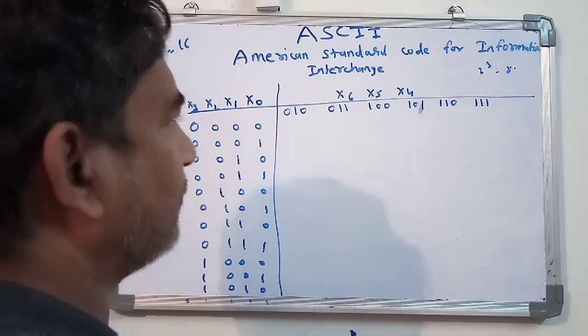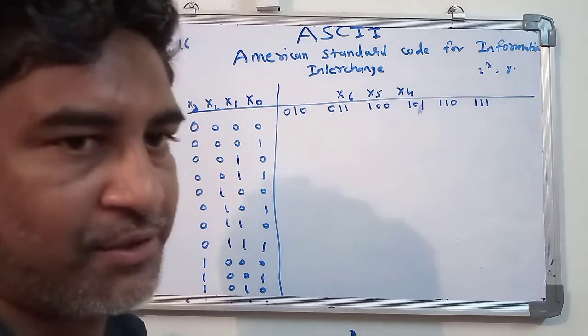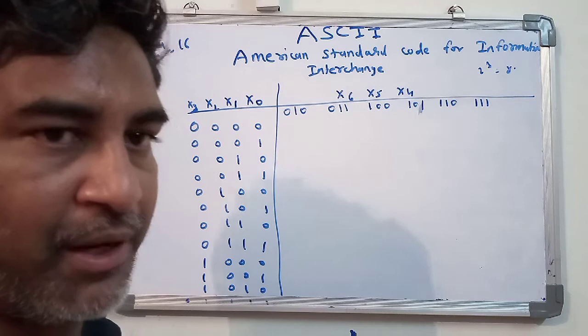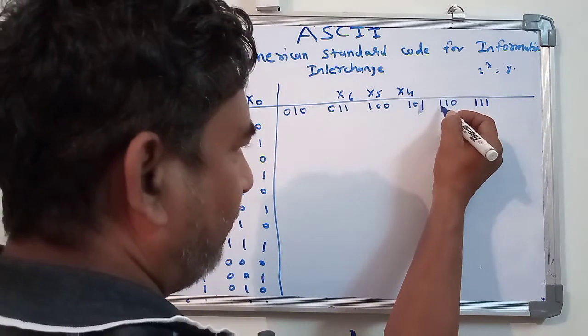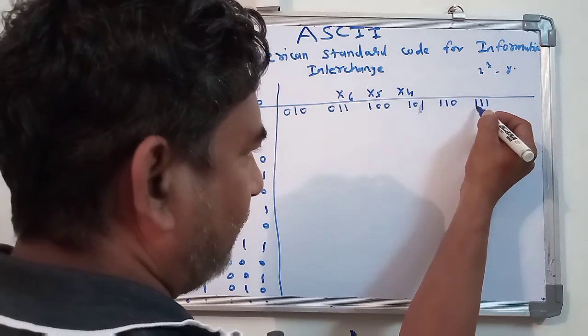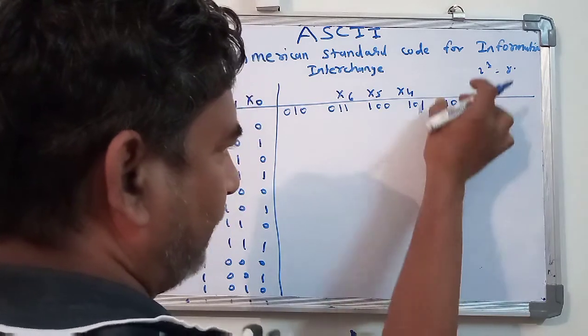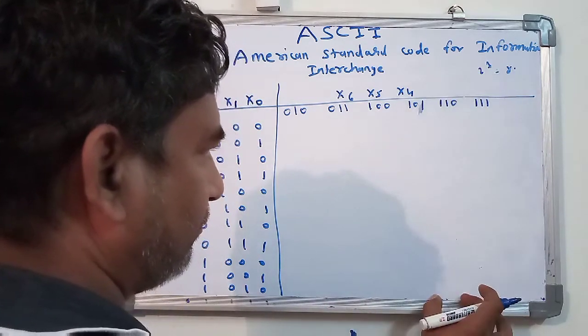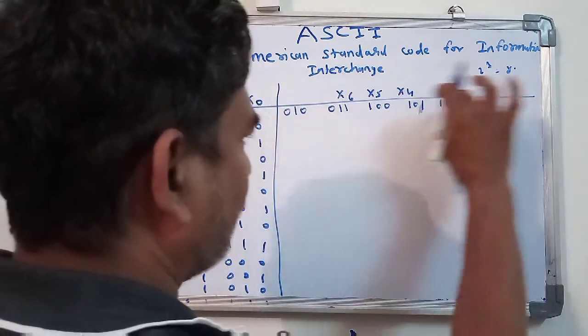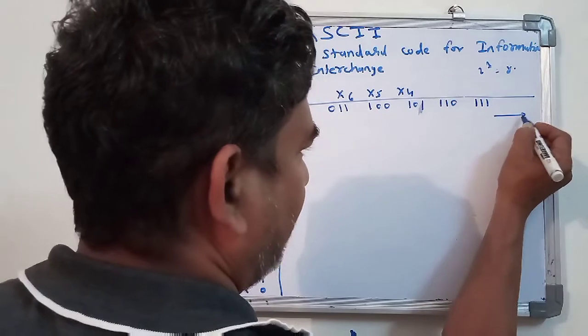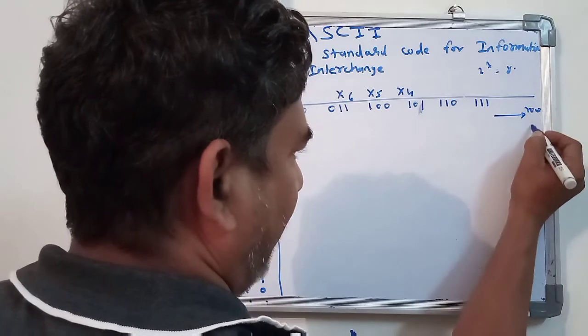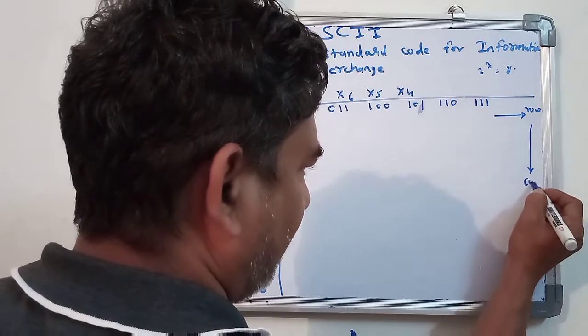Okay, now for your understanding, for your remembering, I am telling you that here from 110 and 111, the columns and the rows. Here it is a row and here it is a column.